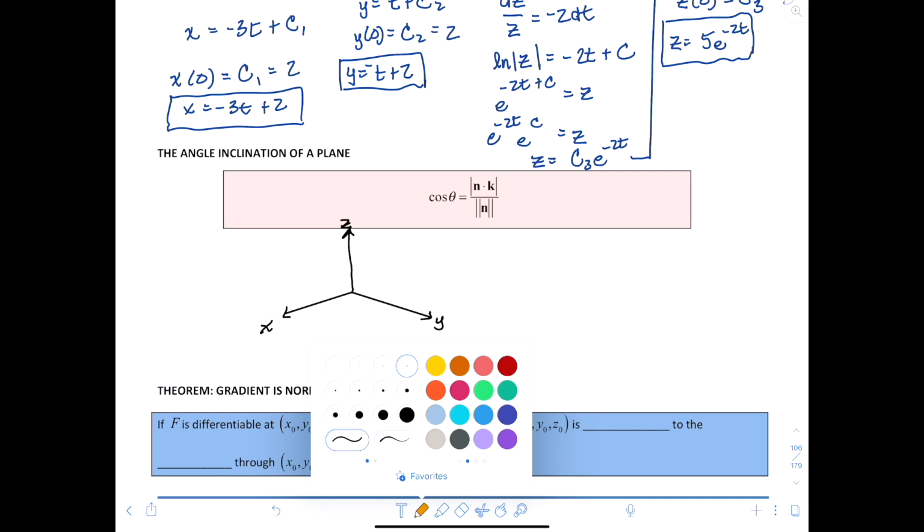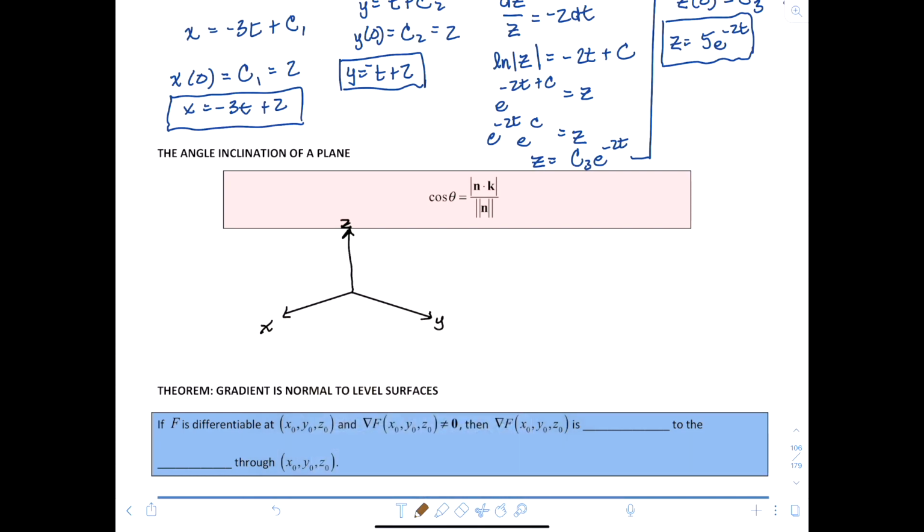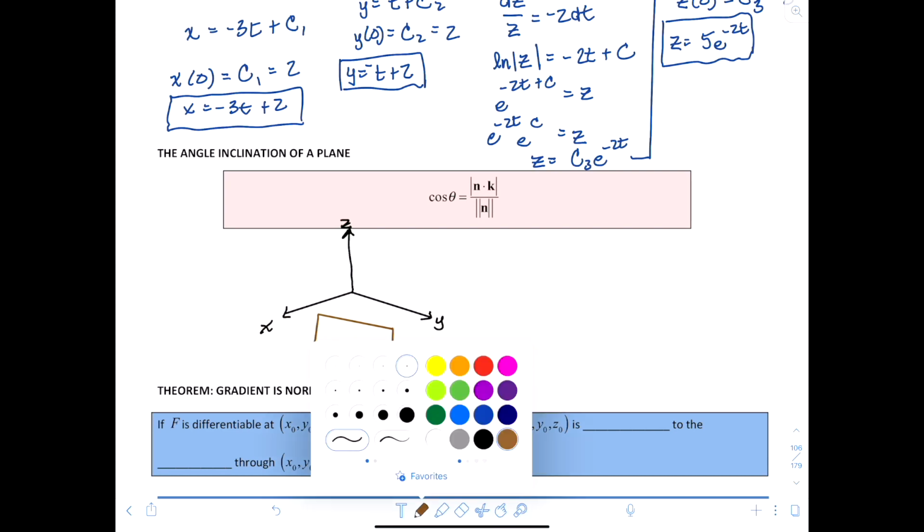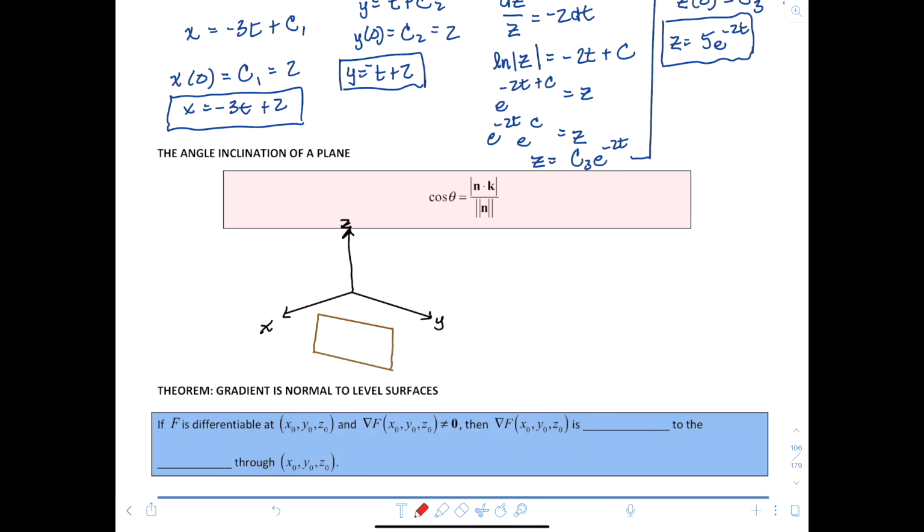We can have it look like this. We'll drop it this color. So we'd have something like this, and then you'd have some kind of angle of inclination. So it would be inclining up some amount theta, okay?